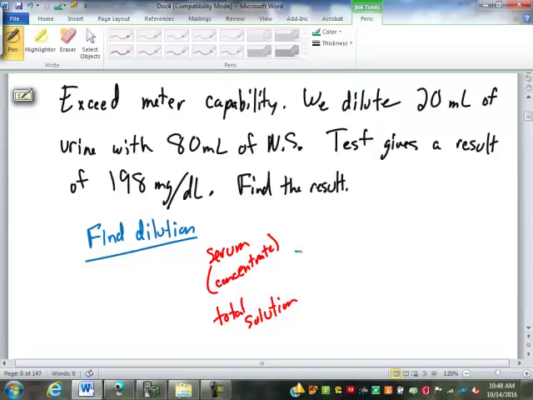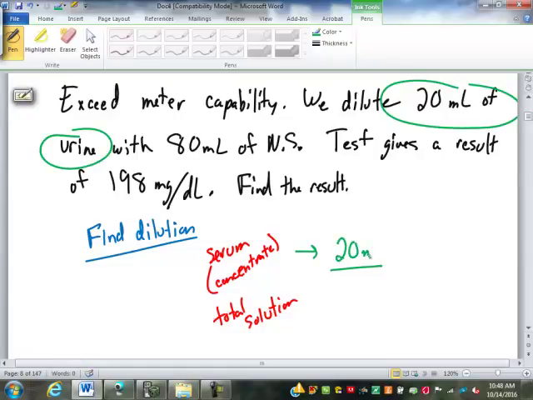So in this case, how much serum or how much concentrate was used? 20 milliliters of urine. That would be our concentrate. So 20 milliliters. How much is my total solution? Got 20 plus 80.